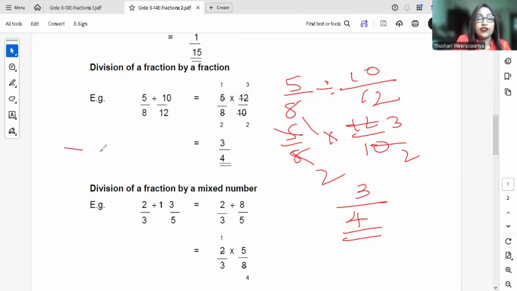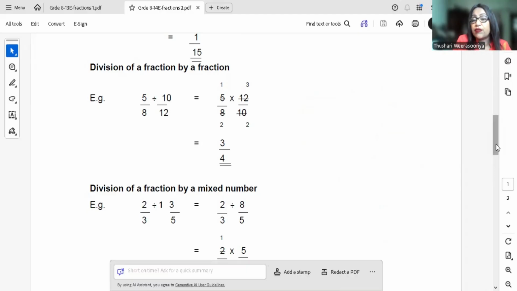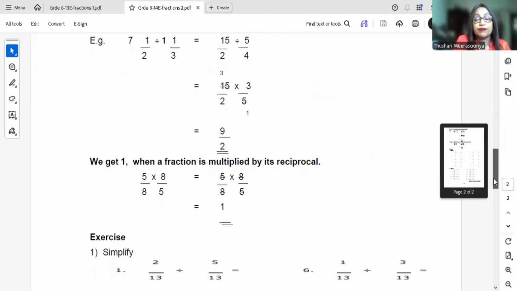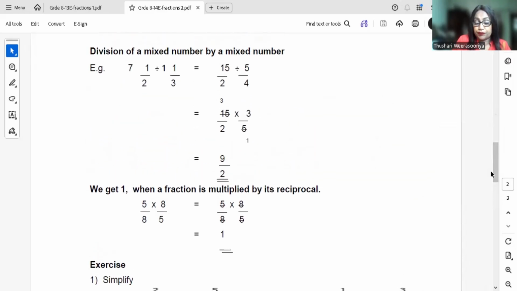Next topic, division of a fraction by a mixed number. We'll see how to divide a fraction by a mixed number. Look at the question. 7 and 1 over 2, divided by 1 and 1 over 3. 2 times 7 is 14, plus 1, 15 over 2.